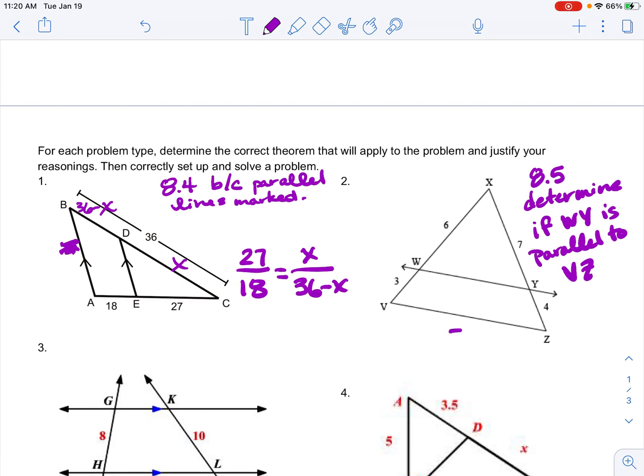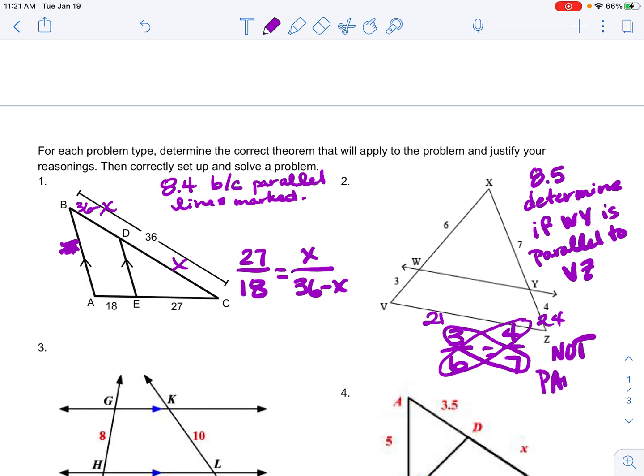And how am I going to do that? Well, I have 3 over 6 and I have 4 over 7. And 6 times 4 is 24. 3 times 7 is 21. Are those two equal? Then it is not proportional, which means it is not parallel.